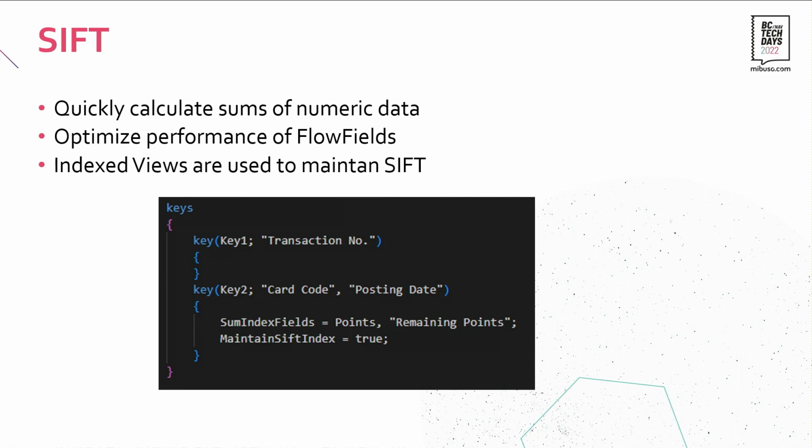We could do that, and if we still have some SumIndexFields, we can still do CalcFields, but that time it will not use the index view, it will go to the table, and it will be a lot slower.